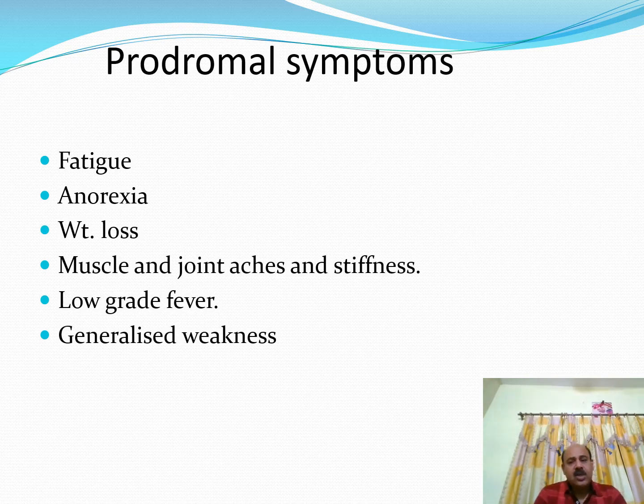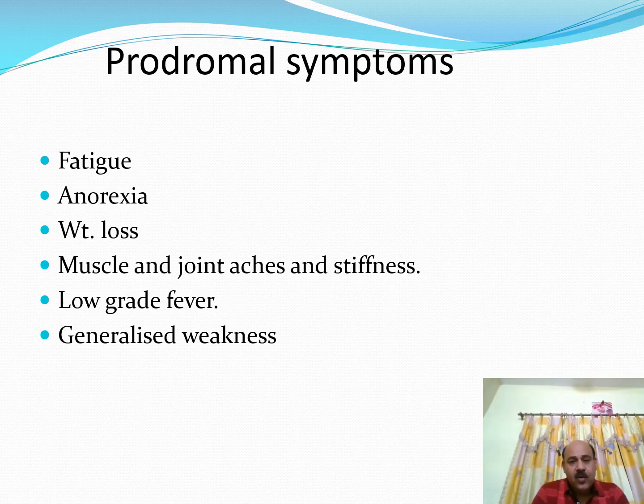Now you just recall the general symptoms of Amvat. Angamarda, aruchi, trishna, alasya, gaurava, jwara, apaka, shunyata angaanam, Amvatasya lakshanam. So these features are quite similar to the prodromal symptoms of RA which have been described in modern literature.